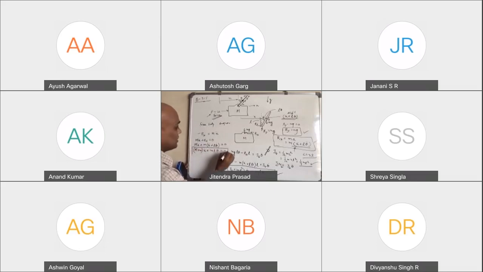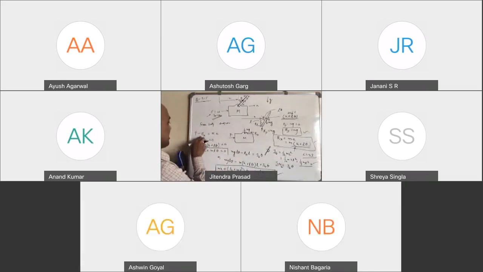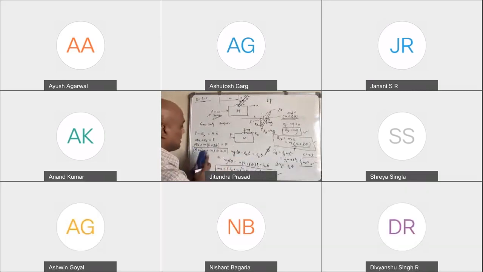Not 0, sorry guys. There is a force F also here. Yeah, remember that. So we have F minus Rx has to be equal to like this one. So we have this equal to F, and here also equal to F, and here equal to F.